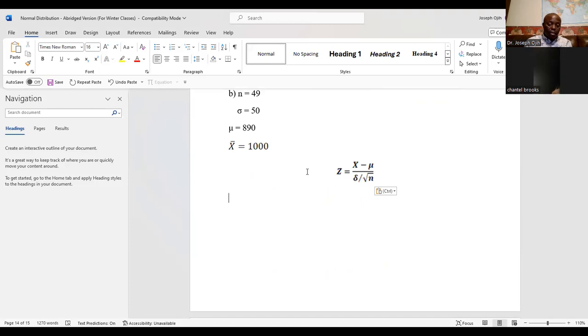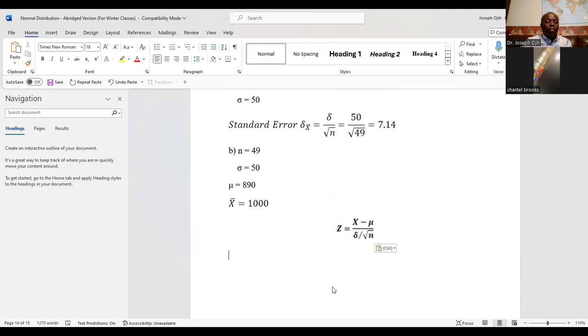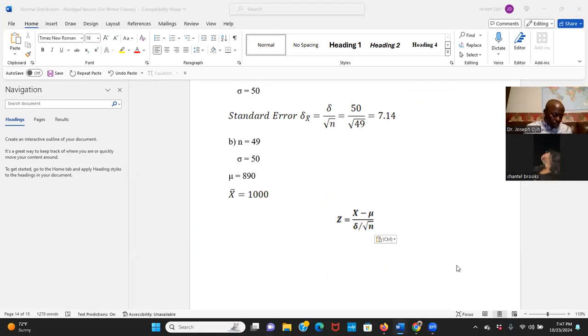The population mean is 890, as you can see from the screen. n is 49, the sample size is 49. Standard deviation is 50. Let us get this from the calculator.